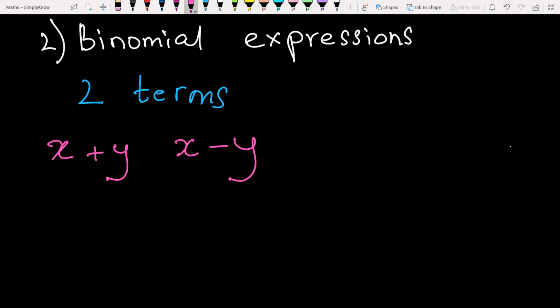This means a binomial expression may contain a sum or a difference of two terms. This is a sum and here there is a difference. Let's take another example. Let's say 3x plus 2y or 3x minus 2y.